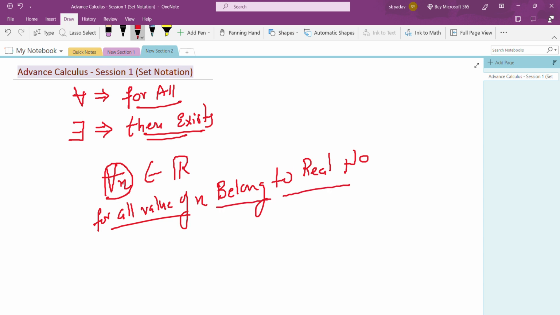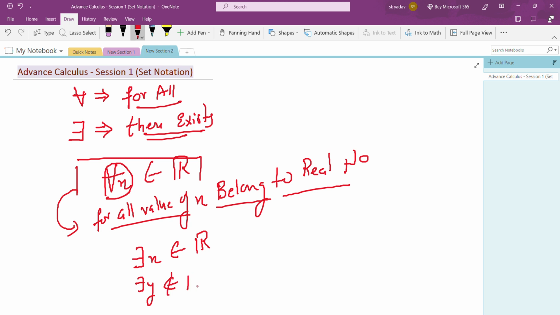That is the meaning of the statement we have written here. In the same way we can specify this set of x belonging to another set of the real numbers, and we can also have y, which does not belong to the real numbers.